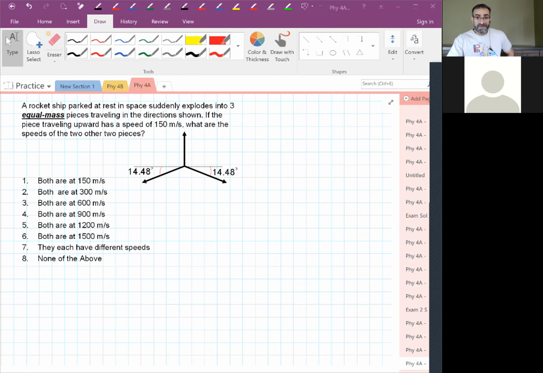This falls under our definition of collision, right? Something blowing up into multiple pieces. It started out with 0 kinetic energy. It ends up with a whole bunch of kinetic energy. So unless we can somehow know how much energy was added in that explosion, energy conservation isn't going to help us, right? We don't know how much energy was added. So can't do that. But momentum will still be conserved.